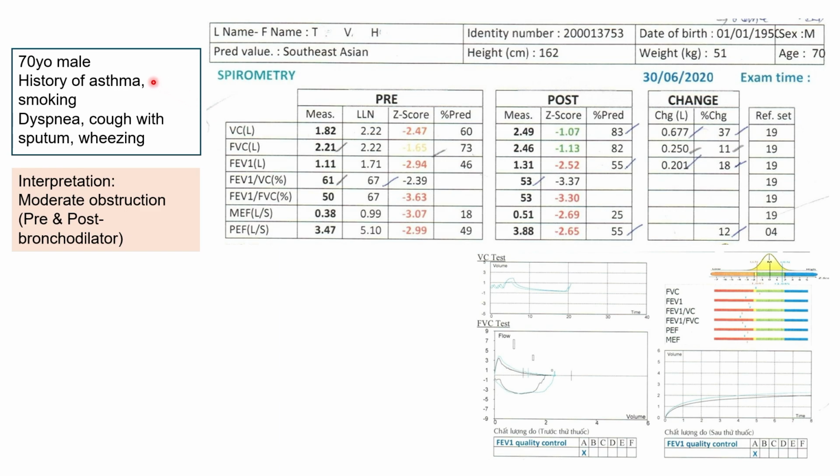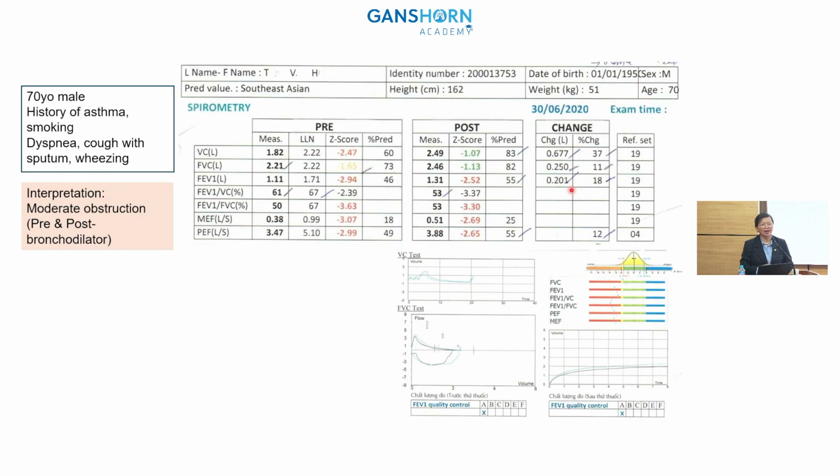The patient has asthma, but he has smoking, he has obstruction, but based on the other criteria, he has a positive bronchodilator test. So we have to decide asthma or COPD, or asthma with fixed airway obstruction, or COPD. It's a very important question, because the way of treatment of asthma and COPD is very different.